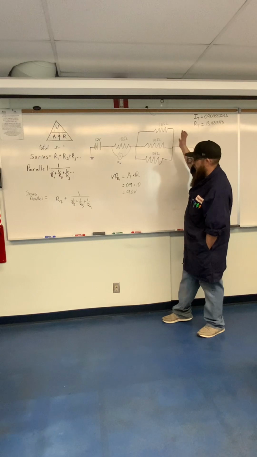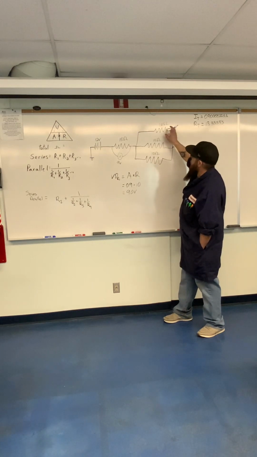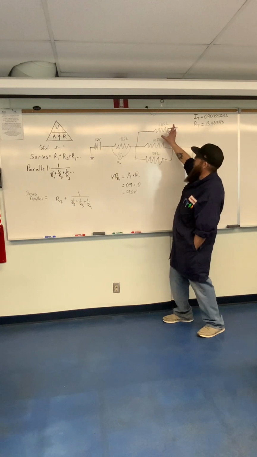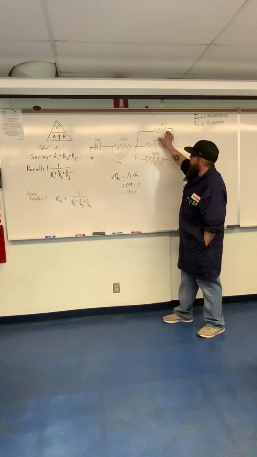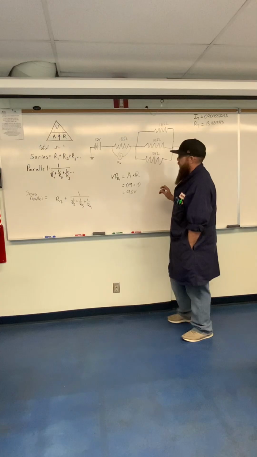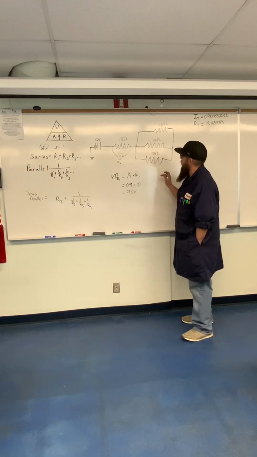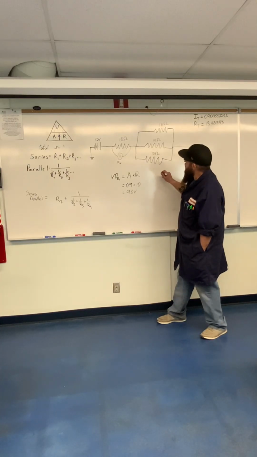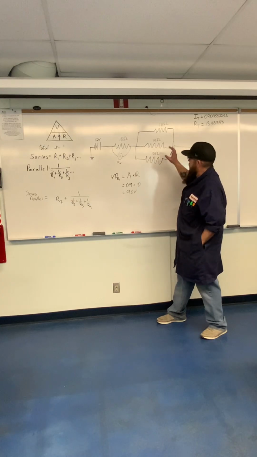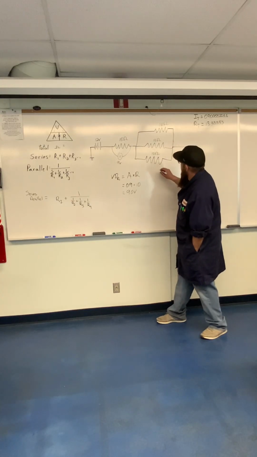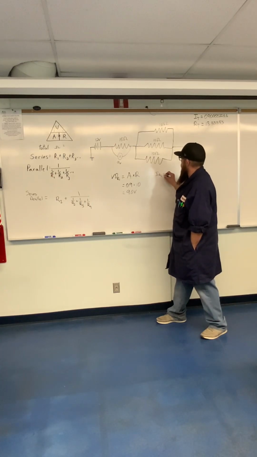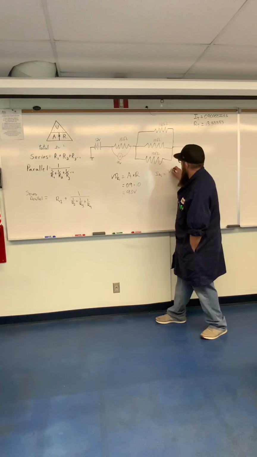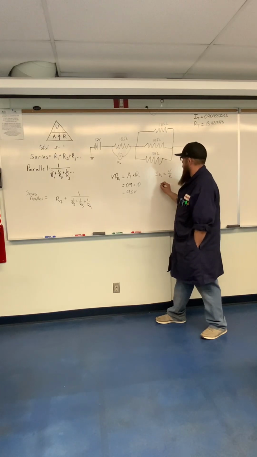This is the case in any type of parallel circuit. So if we want to figure out now the amperage across each of these individual resistances, the amperage of resistor 2 is going to be equal to voltage divided by resistance.